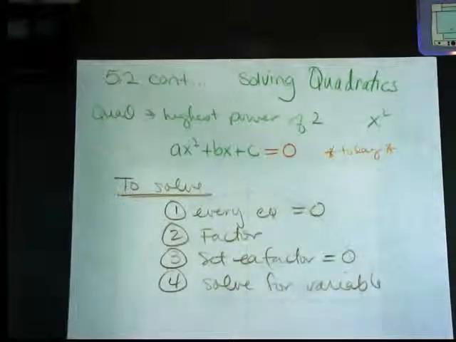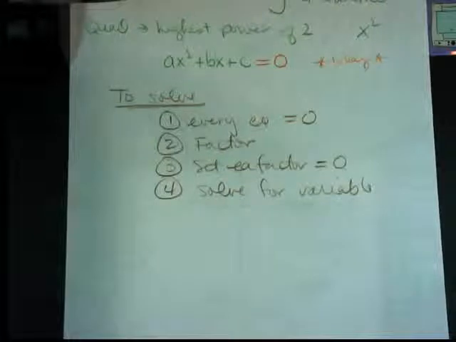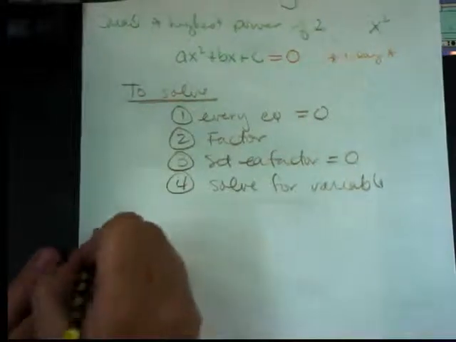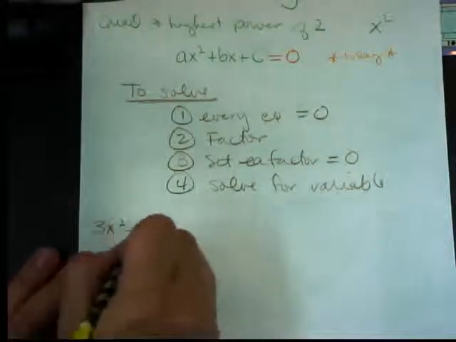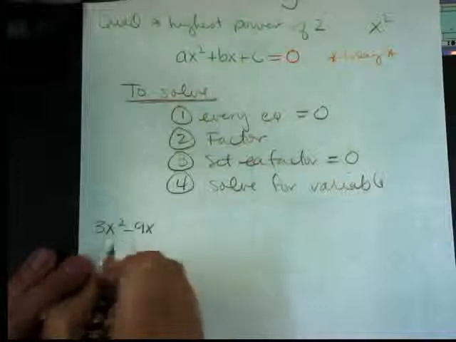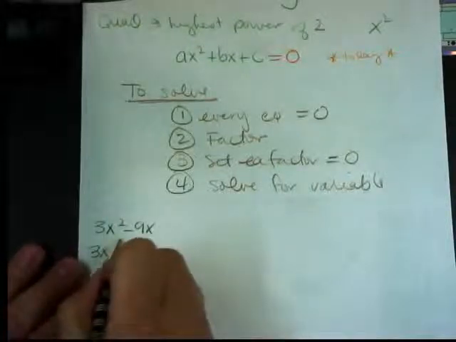All right, so that's the actual process and the actual steps. What I'm going to do is pull from the last notes examples. So on the very first one that we did on 5.2, we said 3x squared minus 9x, and if you wanted to just copy it or flip back quick to it.